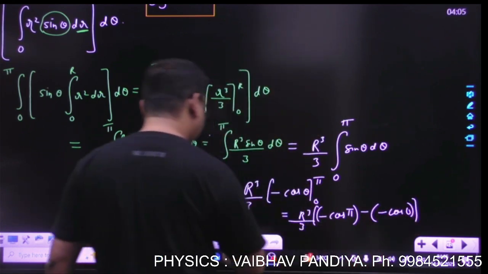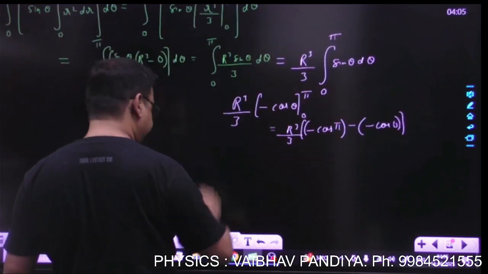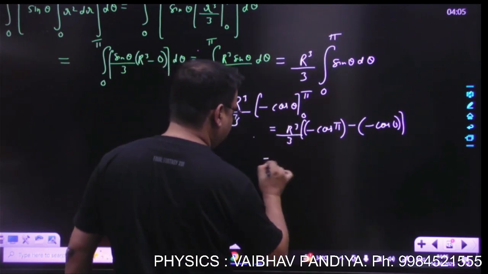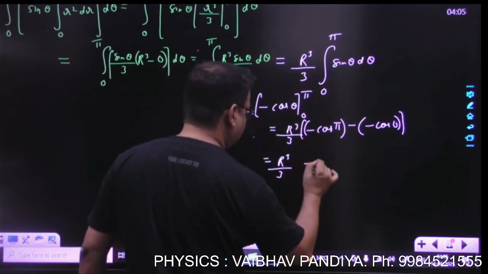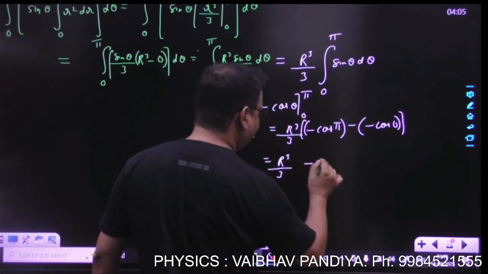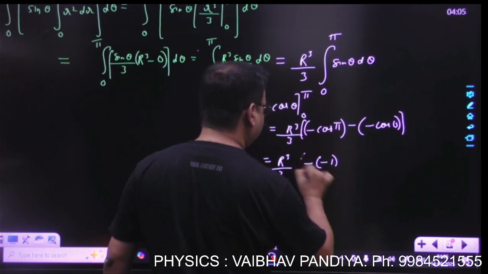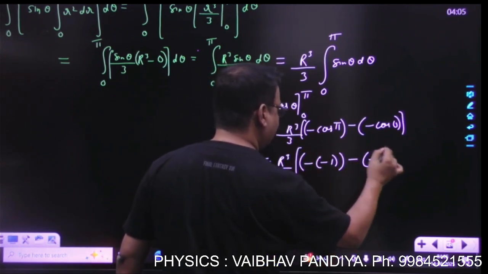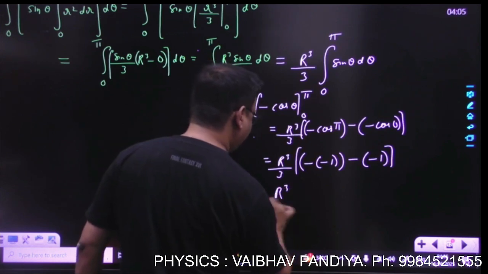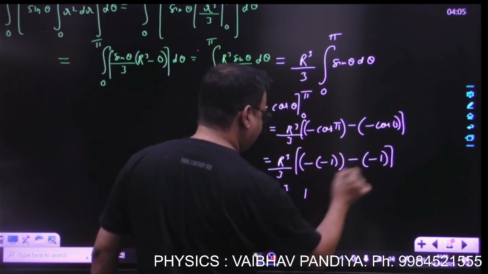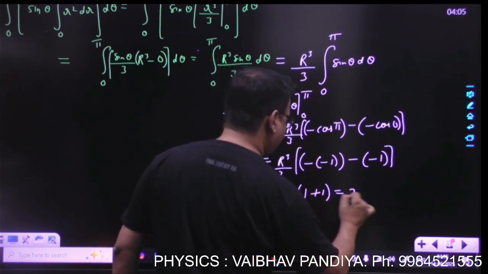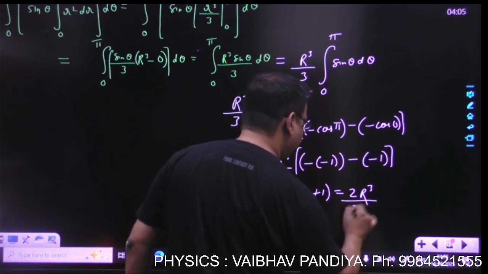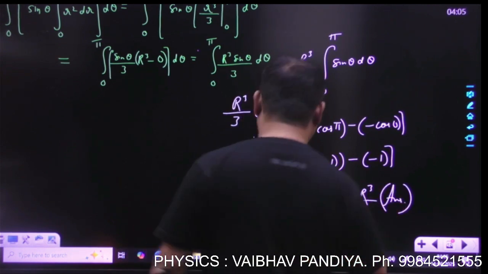We know cos pi is minus 1, so minus of minus 1, and cos 0 is 1. So this will be 1 and this will be 1. So the answer is 2R cube by 3. That is your final answer. Got it?